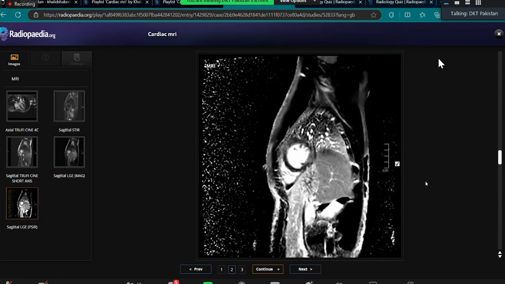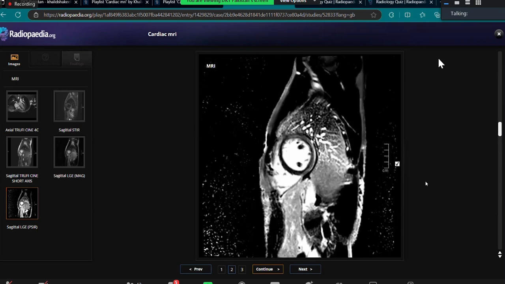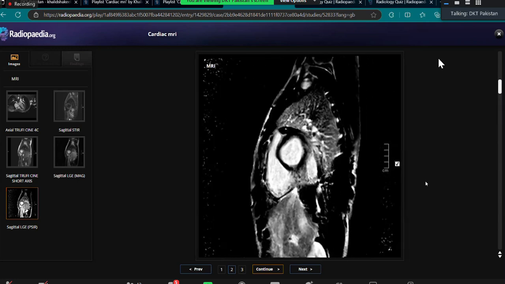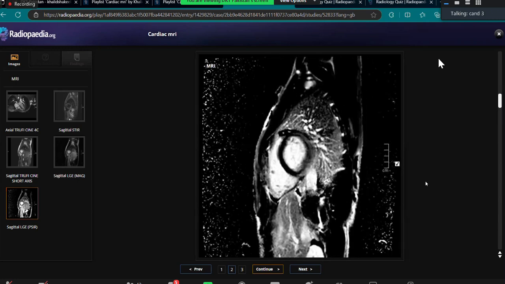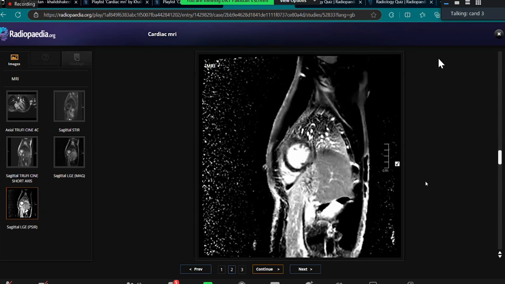I have late gadolinium images as well. On late gadolinium enhancement, I can see an area of hyperintensity involving the lateral wall and extending to the anterolateral wall. It is involving the anterior and lateral wall.